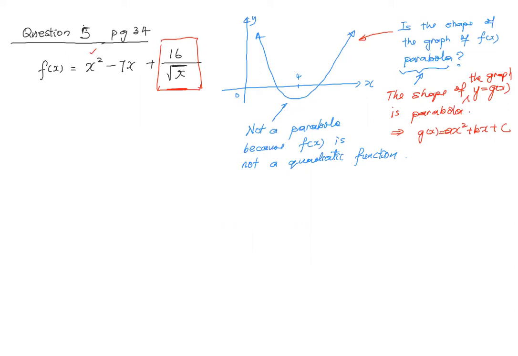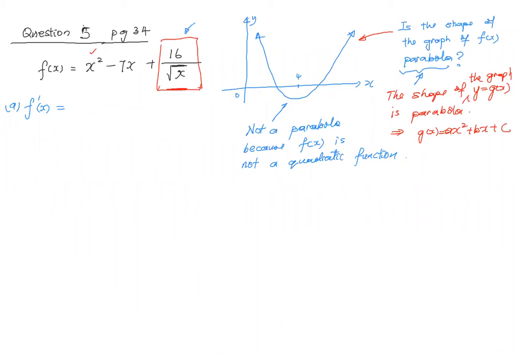Okay? So we are going to do part A. That is, we are going to look for f prime x. So before we look for f prime x, what should we do to this term? Simplify.